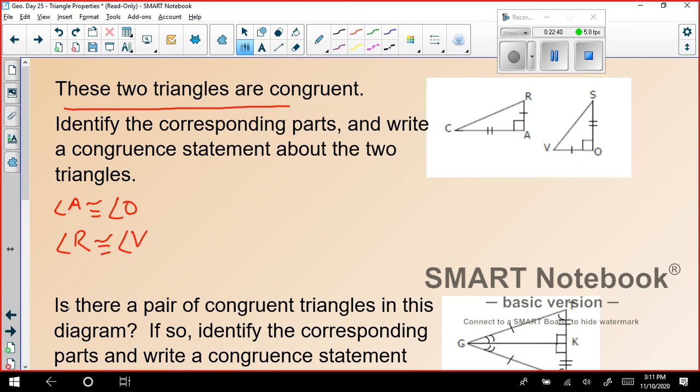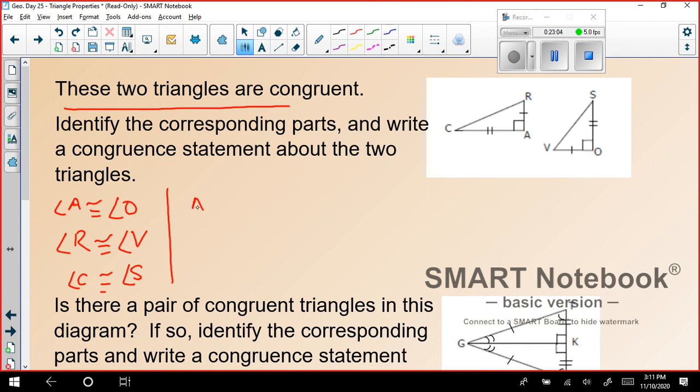Then finally I have angle C, which is congruent to, two hash lines and no hash line is where angle C is located. Two hash lines and no hash line, angle S is the corresponding angle. So these three are congruent if the two triangles are congruent, and also we have to list out the three sides.